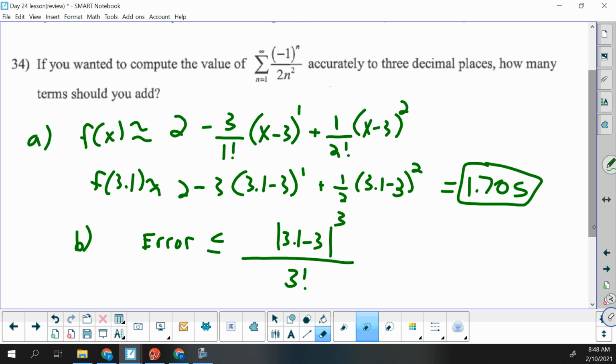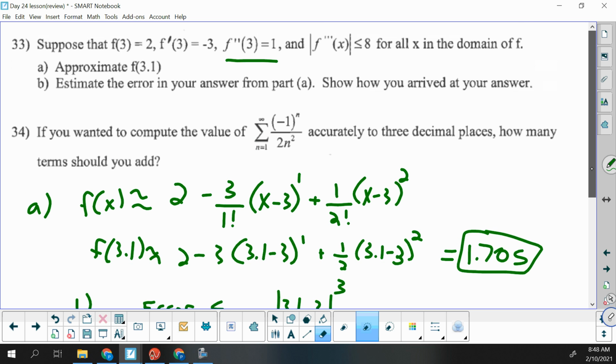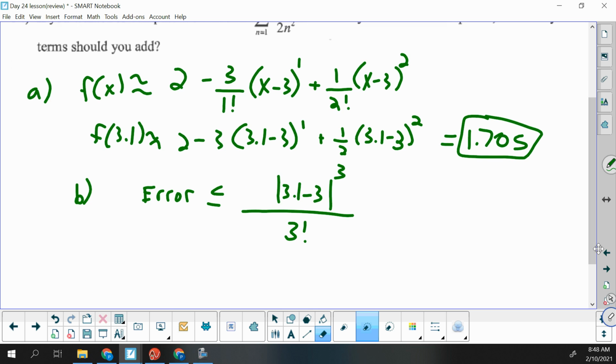That upper bound for the next derivative, they told us the third derivative is less than or equal to 8. So we'll just put 8 here, and this type of question ensures that everyone is using the same value there. If we put this in the calculator, we would get 0.00133, and then that would be repeating after that.